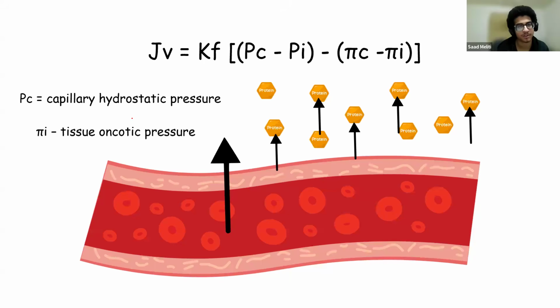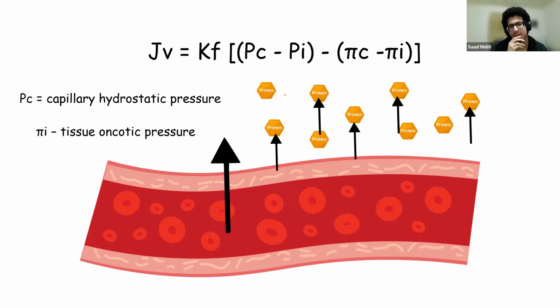So we're going to start with capillary hydrostatic pressure. Basically, remember how there's pressure in the blood vessel, okay? This pressure can cause fluid to leave, okay? That's it. So the higher pressure you have in the blood vessel, the more fluid will leave because of the capillary hydrostatic pressure, okay? We also have tissue oncotic pressure. So in the interstitium, we have proteins.